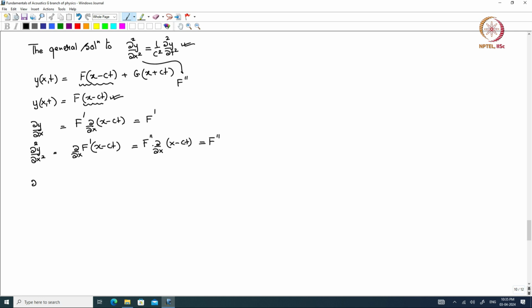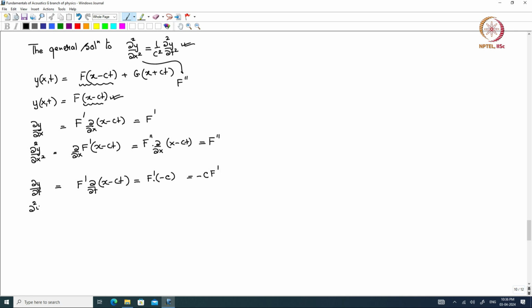Next, del y by del t is the same, the derivative of f with respect to the argument first. So, f dash, then del by del t of x minus ct, which gives f dash into minus c, so it is equal to minus c f dash.